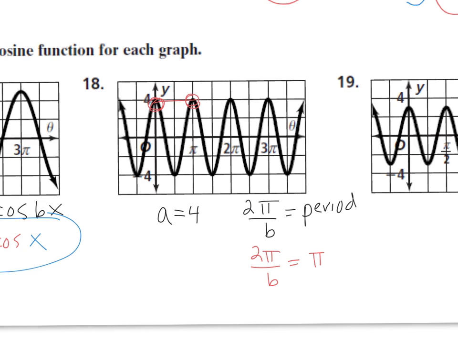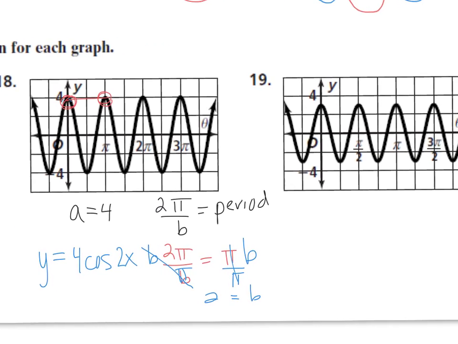So if I multiply both sides by b, and divide by pi, I'll get b equals 2. So my function is going to be, and this one's not reflected at all, it's cosine starting high, or up, so it's 4 cosine of 2x.